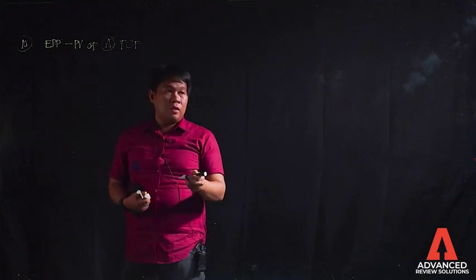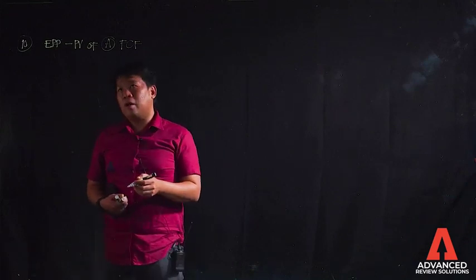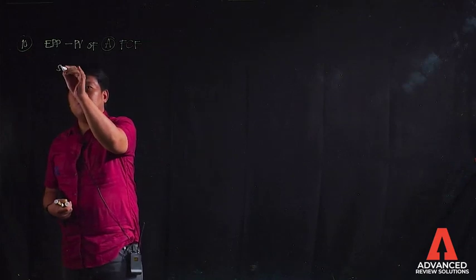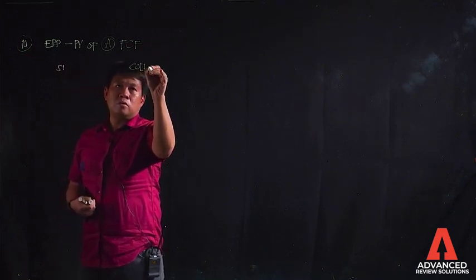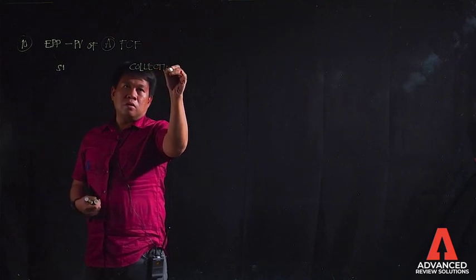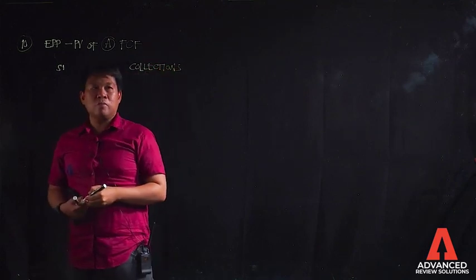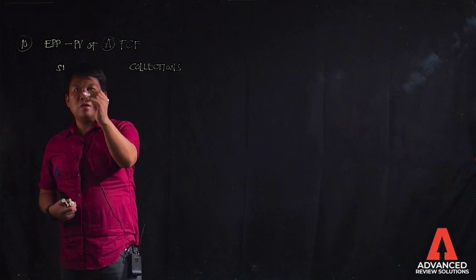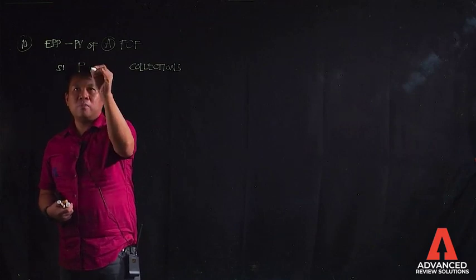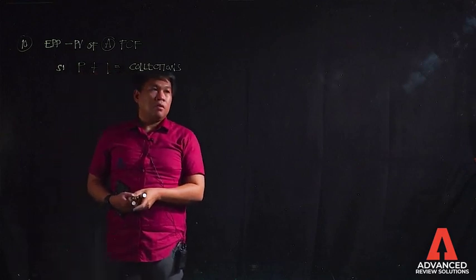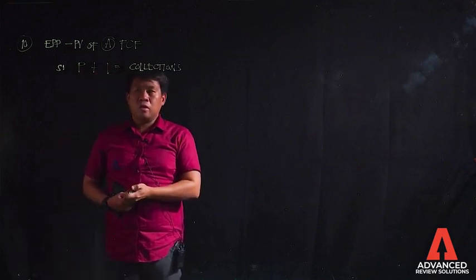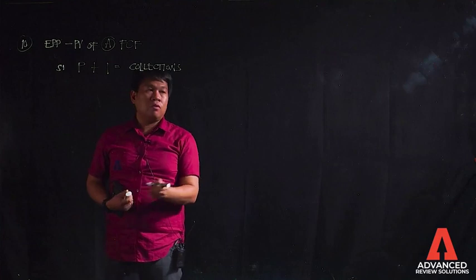And the bonds with series of maturities, this is what you call serial bonds. And sabi natin kanina, when you are dealing with serial bonds, your step number 1 will always be the computation of collections. And these collections can be computed by getting the amount of principal plus interest on the outstanding principal balance. So let's compute first with the collections.